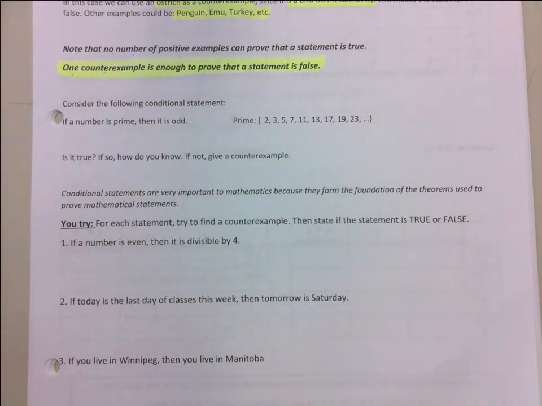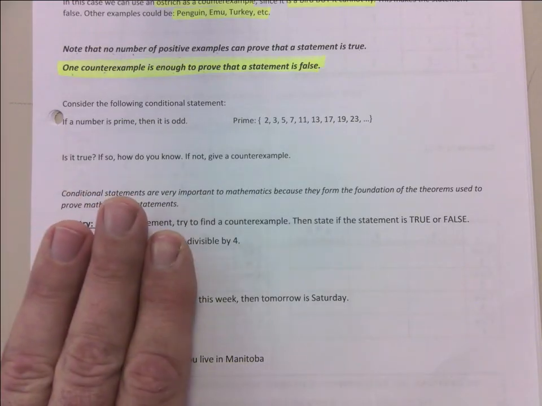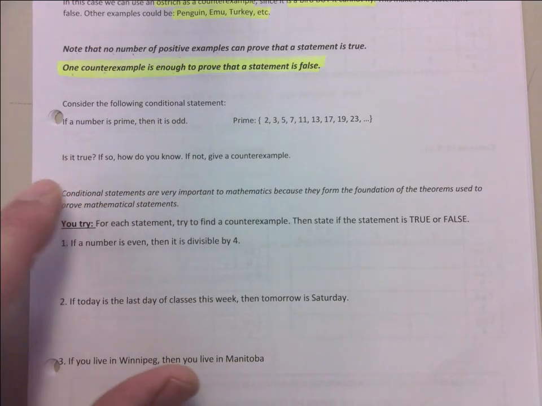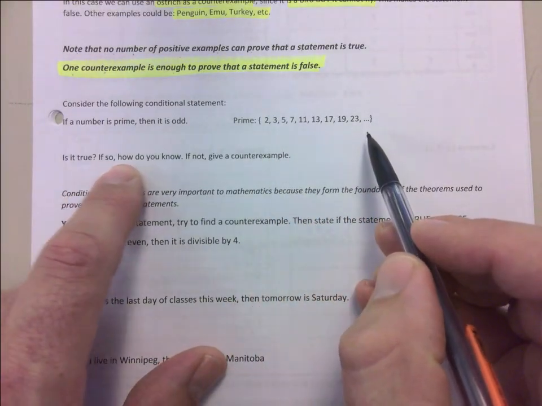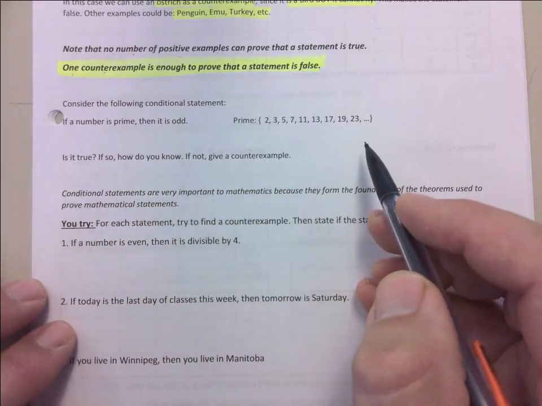So consider the following statement. If a number is prime, then it is odd. Is this true? These are your prime numbers, by the way. If so, how do you know? If not, give a counterexample. Okay?